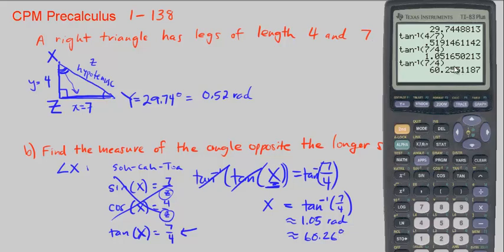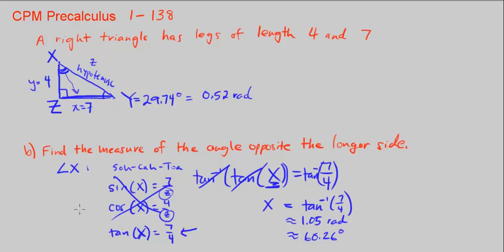Okay, this 5 here rounds up. So now we have x equals 60.26 degrees. All right.